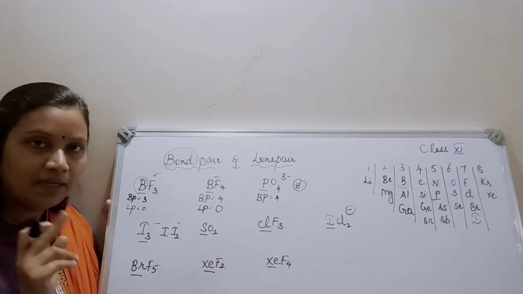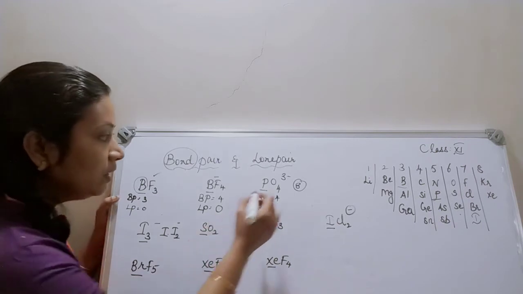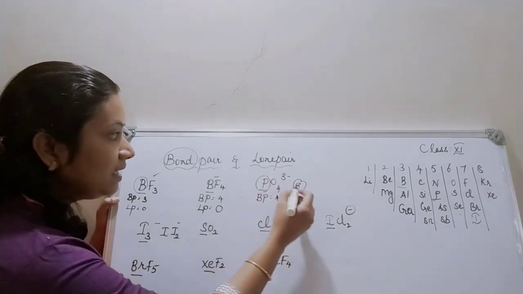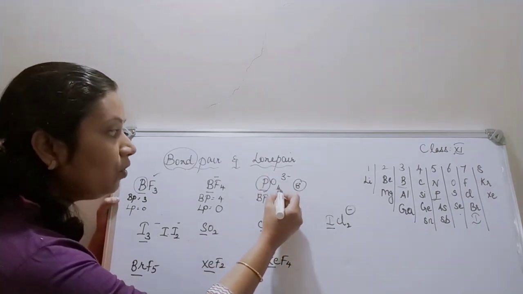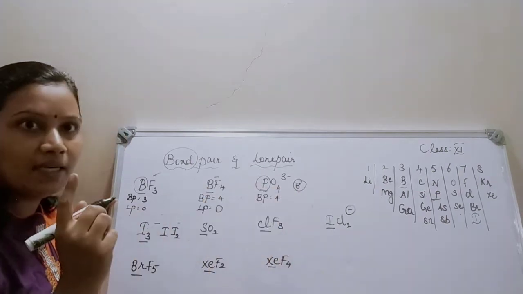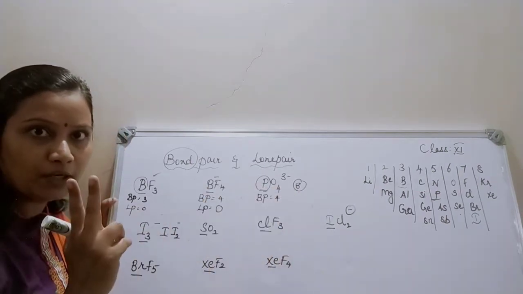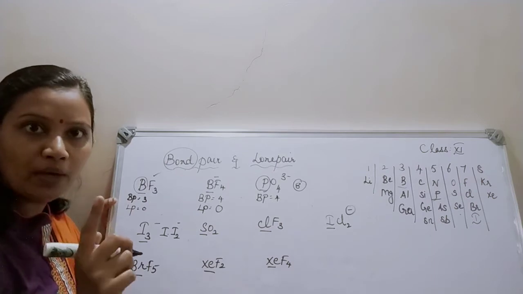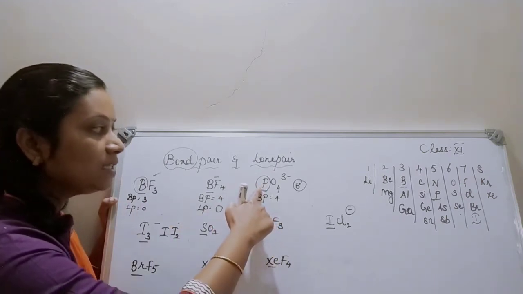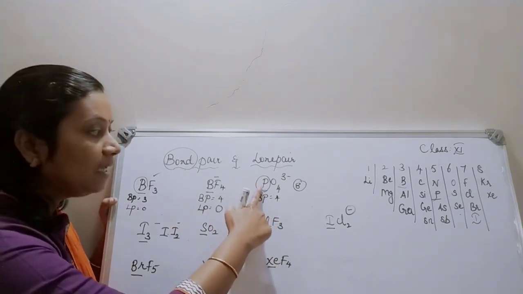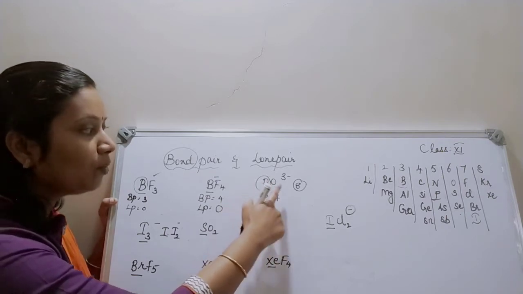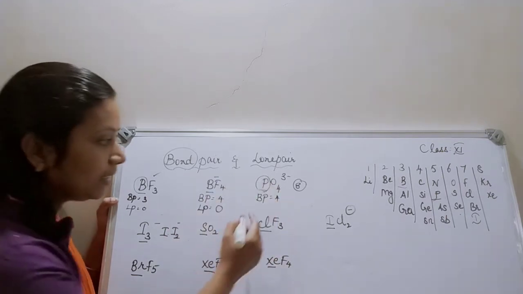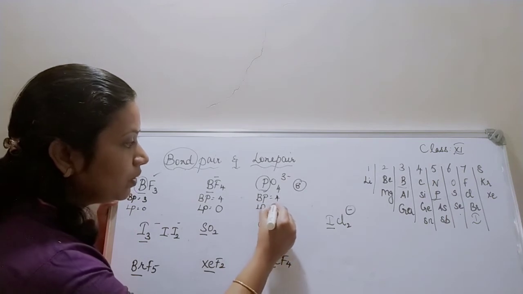So since phosphorus valency is 8, 4 oxygen atoms will form 8. One oxygen forms 2 electron pairs, so 4 into 2, 8. So all 8 hands of phosphorus are occupied in forming bonds with the 4 oxygen atoms. So lone pair is equal to 0.